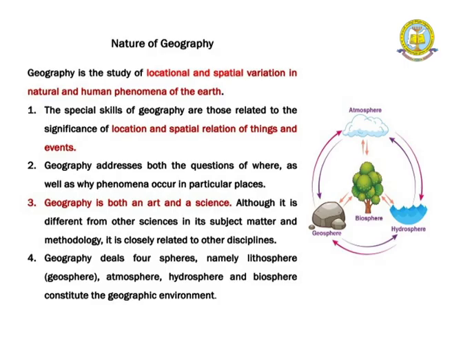If you look at the nature of geography, its significance is that it signifies the location as well as the spatial relation of things and events. Why am I saying location and spatial relations? As the modern era started, as I said, geography has developed in different stages from ancient to modern, isn't it?